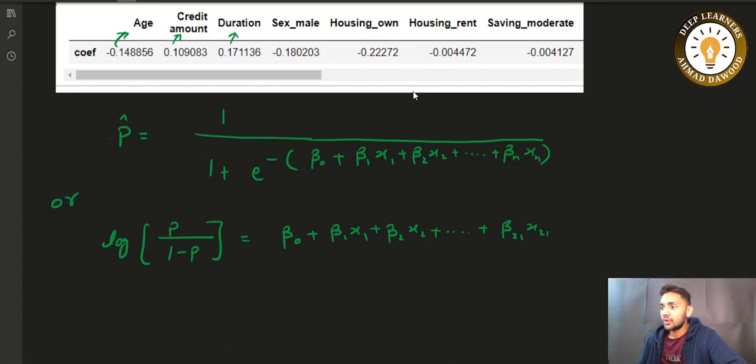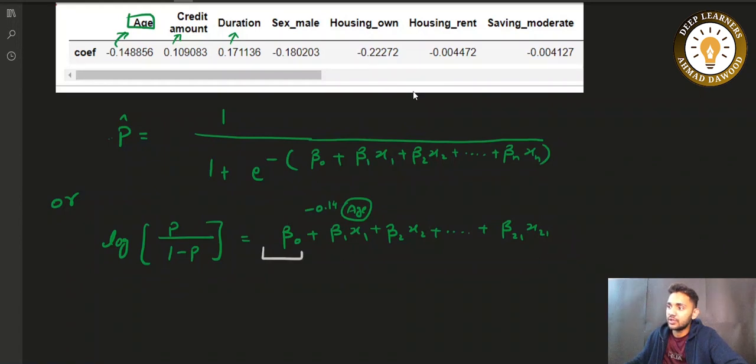Now you can have a look here. Let's say this is beta 1 x1 plus beta 2 x2. Now if x1 is age, and beta 1 is minus 0.14, what does it actually mean?